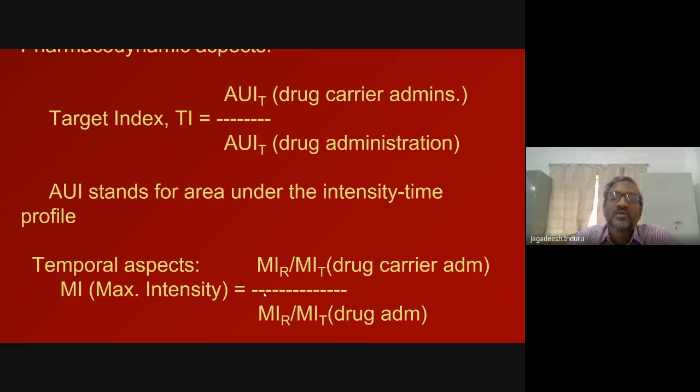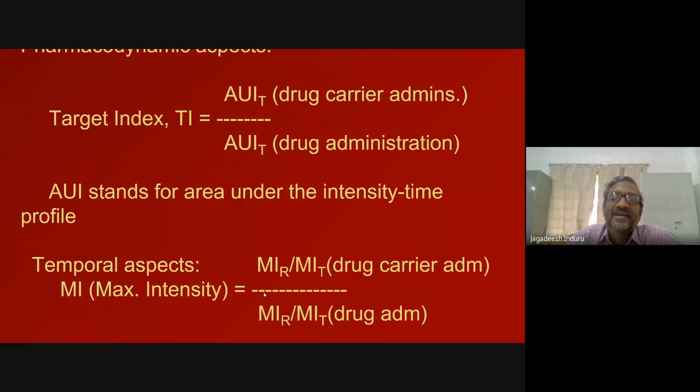A simple drug solution or drug injection is given without any nanoparticle, carrier, targeting approach or gene delivery approach. The targeting index will be very high when the target has a high intensity-time profile in the numerator when you give a carrier, compared to a simple drug administration.